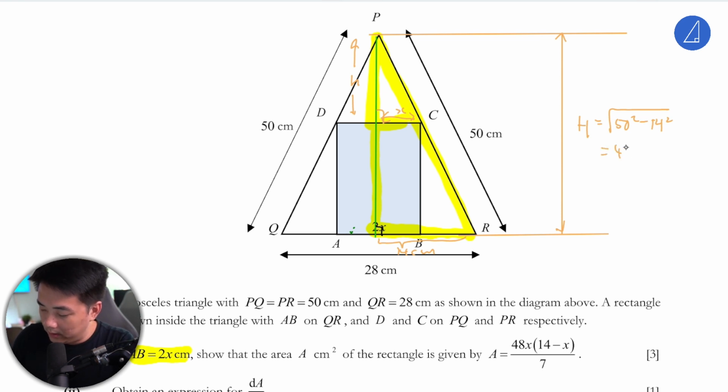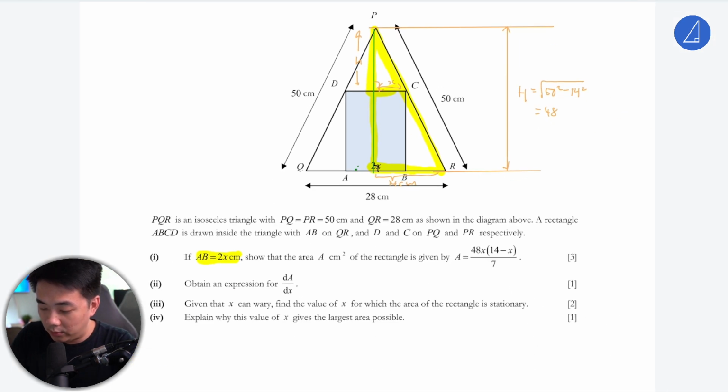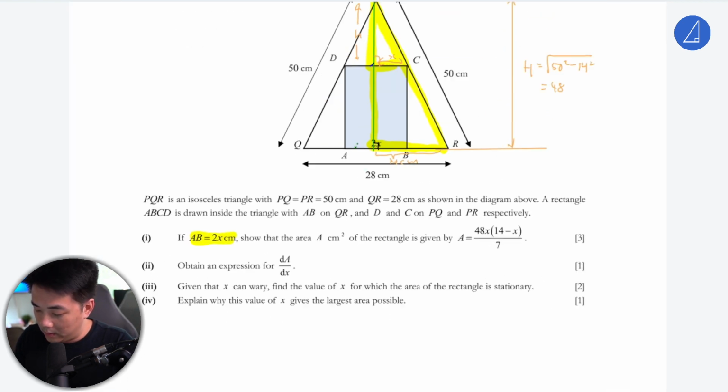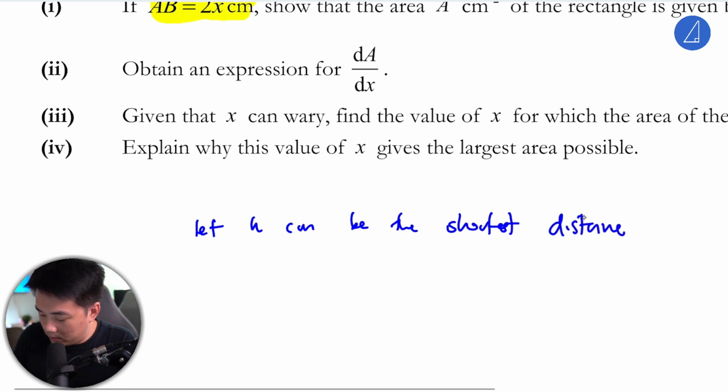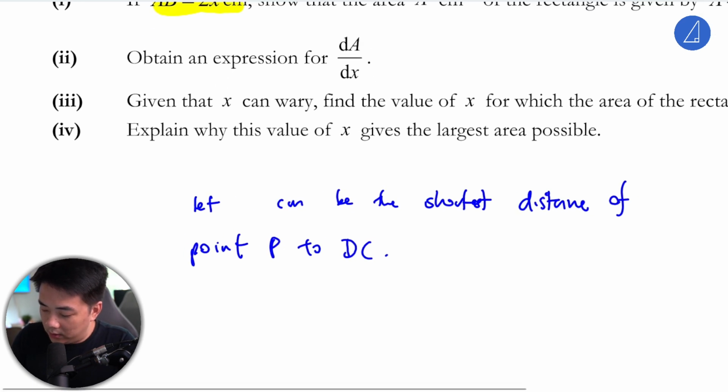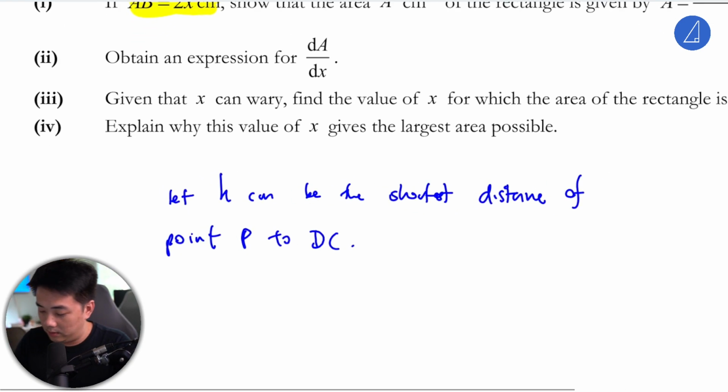Alright, that's it. So now we're going to write that, let H be the shortest distance of point P to DC. Okay, so this is H. Is it in cm? They're all in cm. Okay, great.